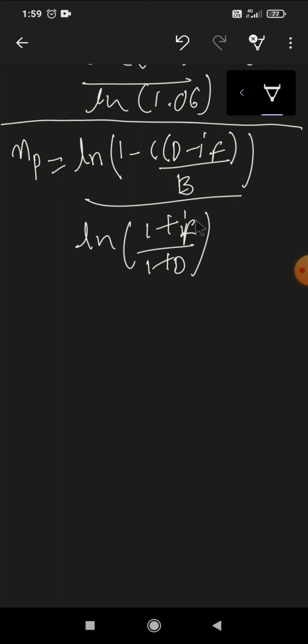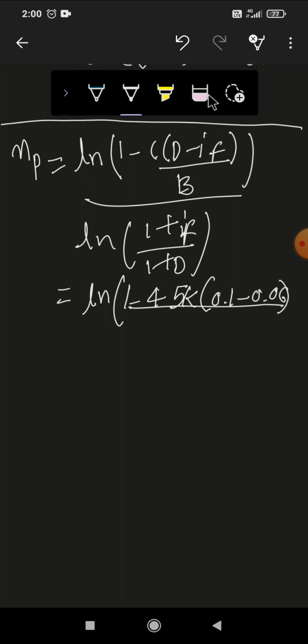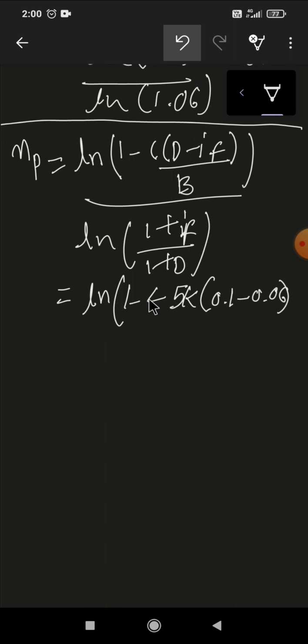So we'll put the values: ln of 1 minus the cost of the equipment, 45k, into D which is 0.1, a 10% discount, minus 0.06, the interest, divided by b, which is 4,500.